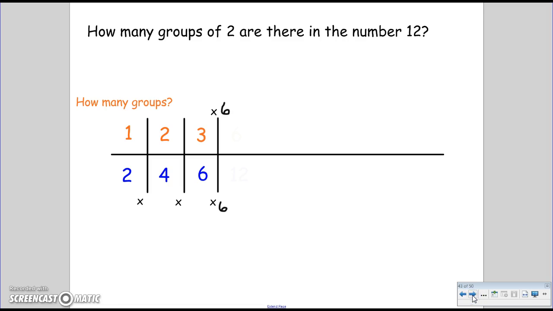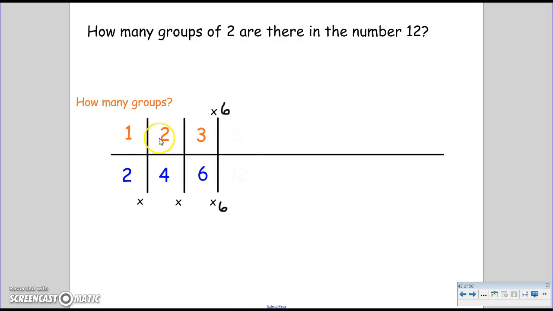Taking a look back at our original example, how many groups of 2 are there in the number 12? To this point, we've simply gone along. 1 group of 2, 2 groups of 2, 3 groups of 2: 2, 4, 6. Our question, though, is asking how many groups of 2 are there in the number 12? 12 divided by 2.